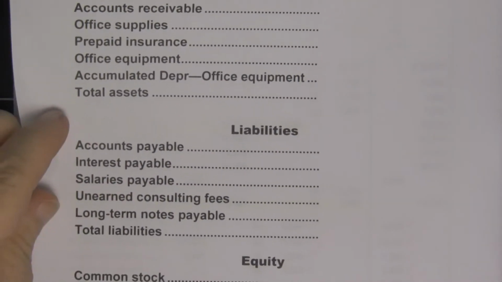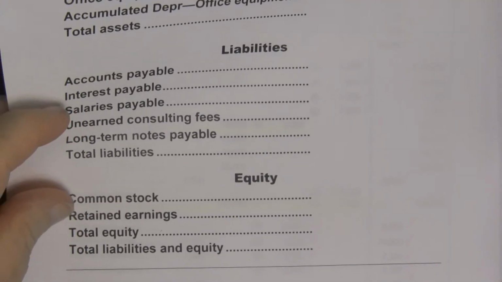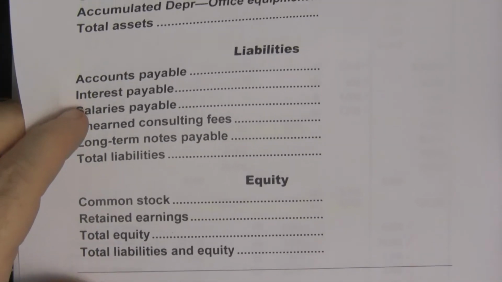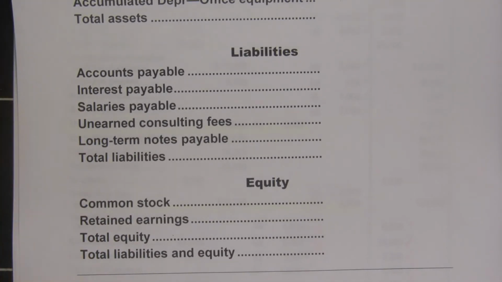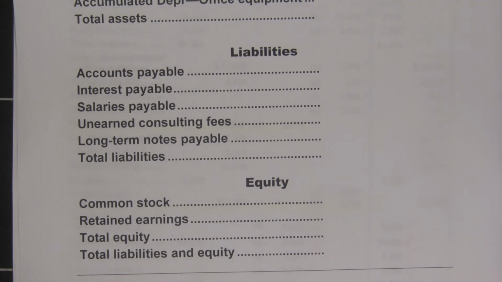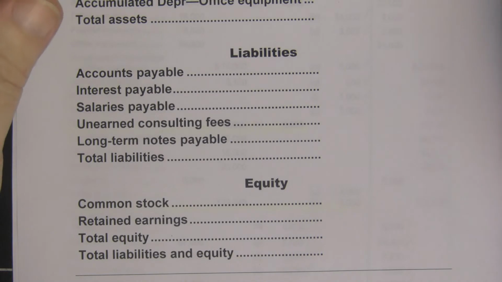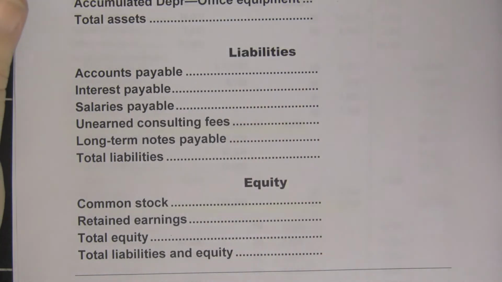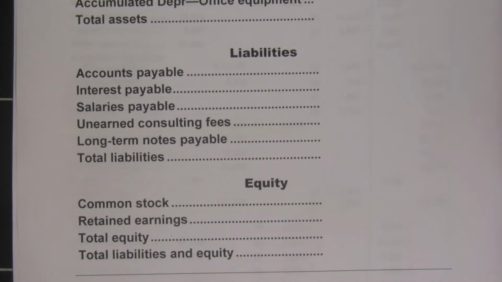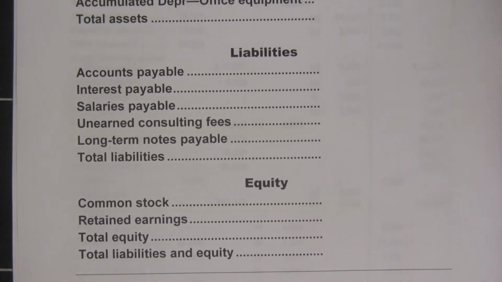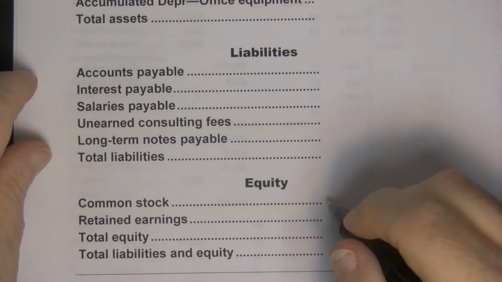So, here's our balance sheet. Let's grab our equity section first, since we're already there. They give us our common stock number of 15,000.